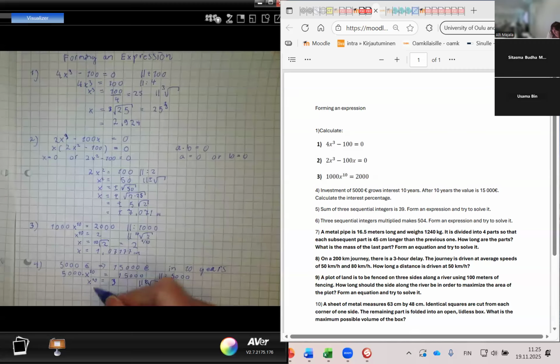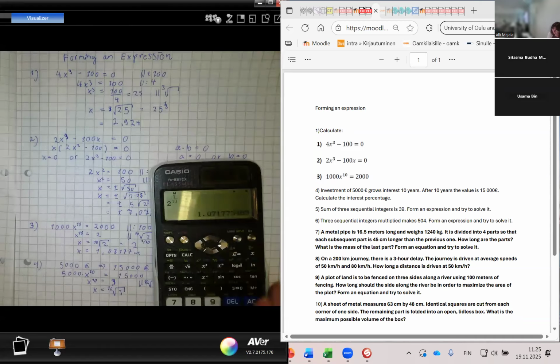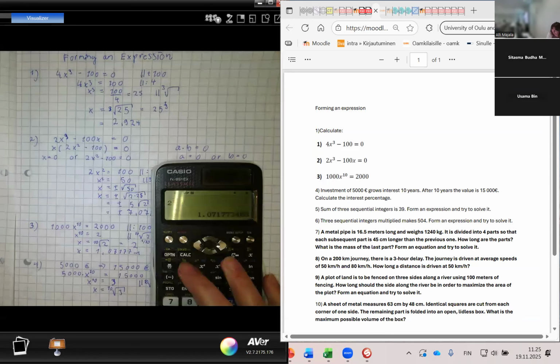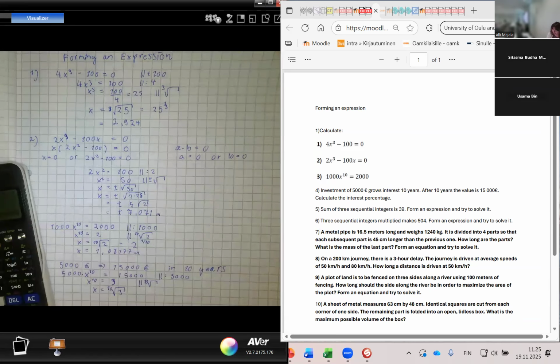That doesn't seem that practical. 10th root. Or then just put it in the power of 1/10.